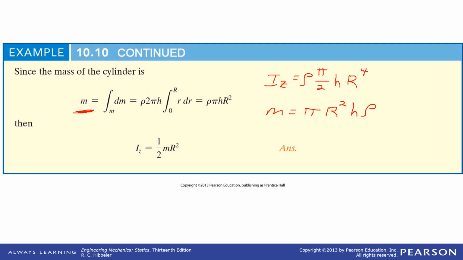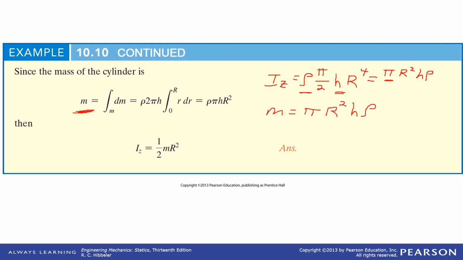So here's pi, there's an r squared. And we can rewrite this pi r squared. There's the h. There's the density. So density h, pi. We'll just leave the pi alone.